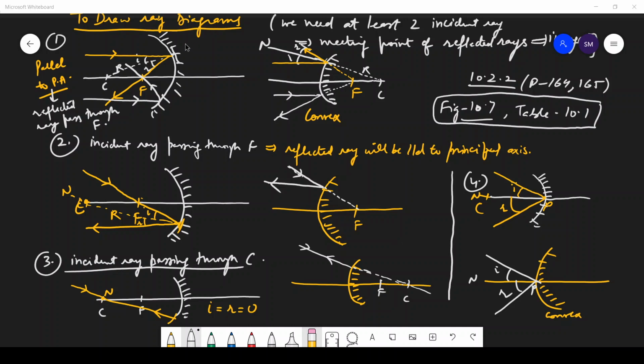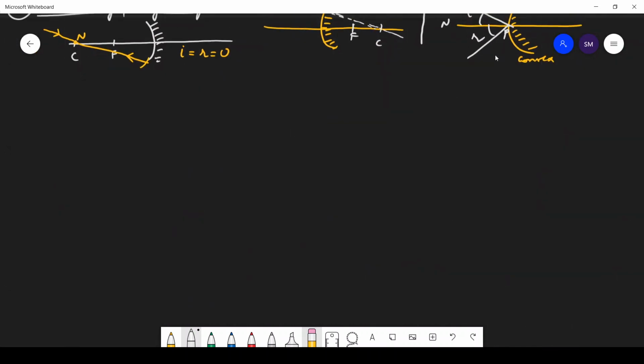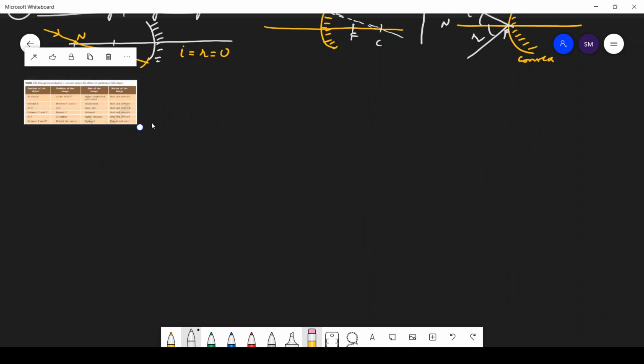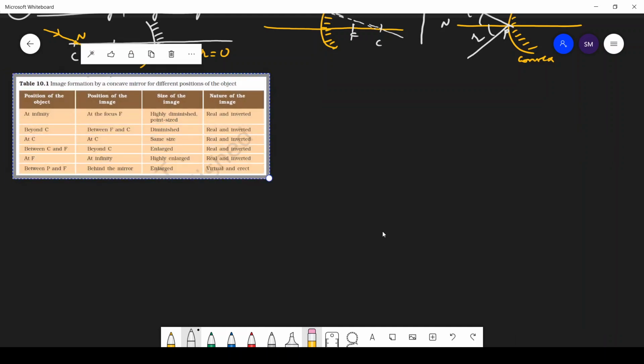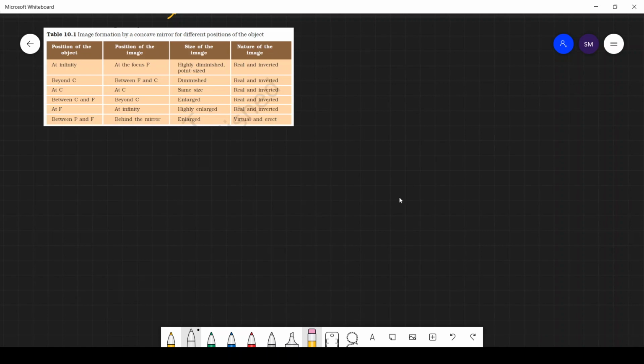Just open your books, those who have not opened. So students, this table 10.1 in your books, just read this table.